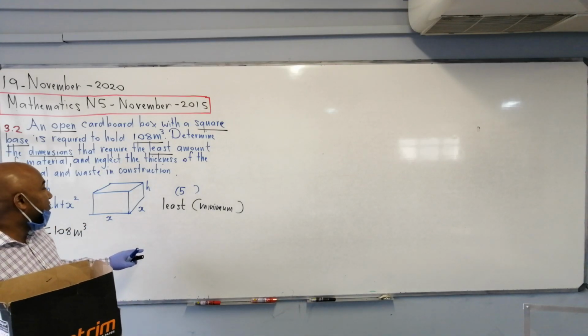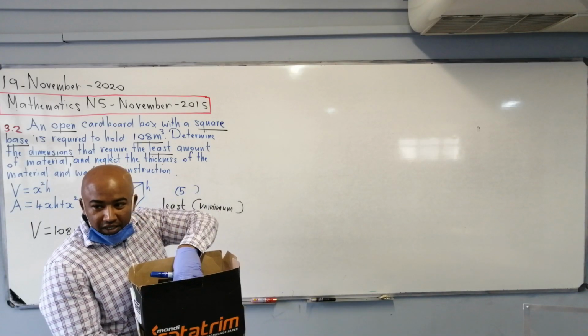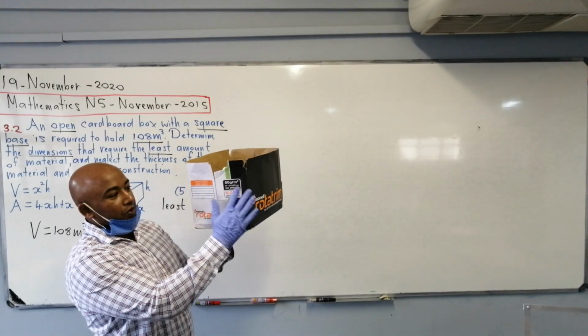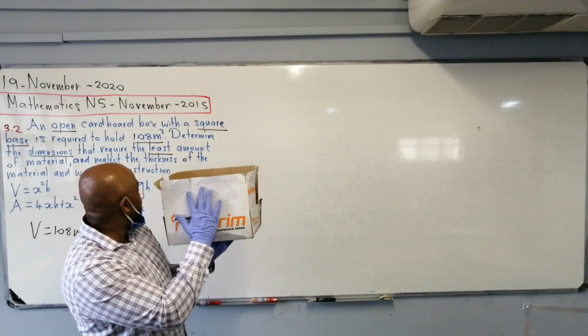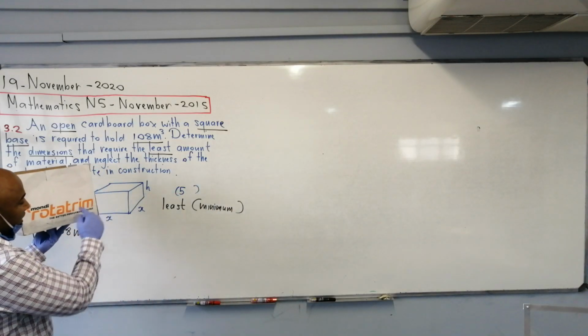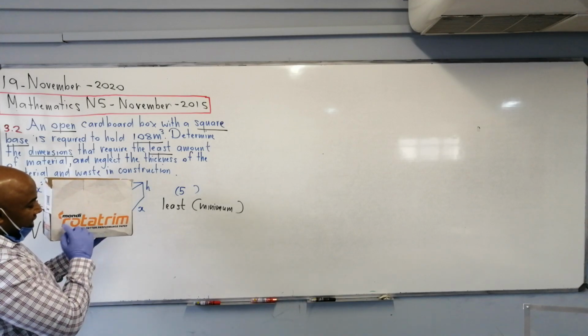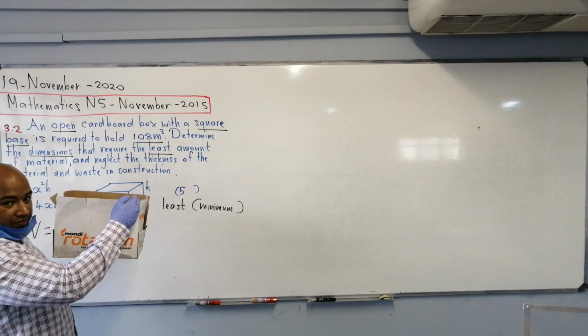Then what about the other surfaces? On the top, there is no surface because it's an open box. But what about this area? There's one surface here, one there, and one there. What is the area of this surface? We need the length and the breadth to work out the area. So area is length times breadth, so it's x times h.